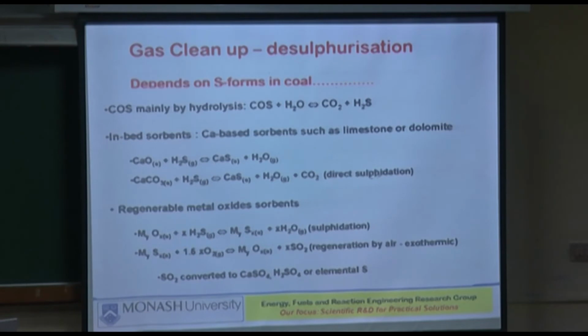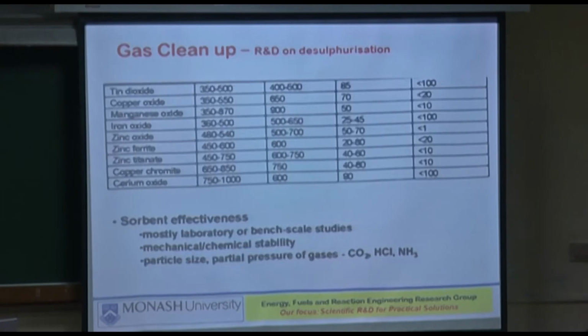And so during the regeneration process, you then get sulfur dioxide. And if it is sulfur dioxide, then you can get elemental sulfur from it by off-the-shelf technologies. So what are these metal oxides? Different companies did considerable amounts of R&D, and very successful R&D actually.